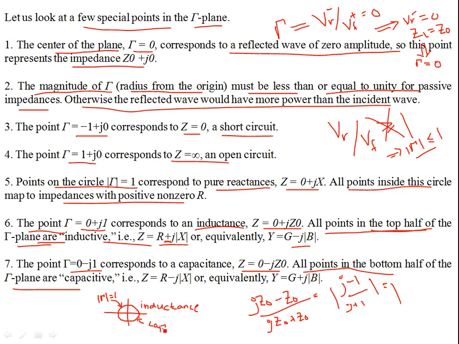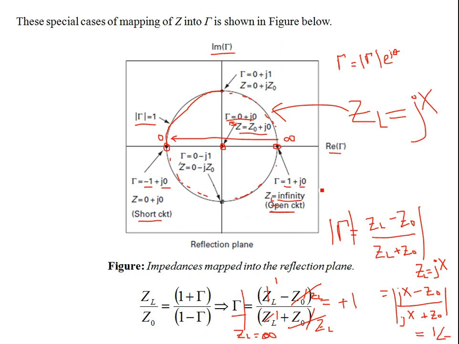So let's see the next diagram of the complex gamma plane, and how it is located. You see, this part is inductive, this part is capacitive. For example, gamma 0 minus j1, where is it?